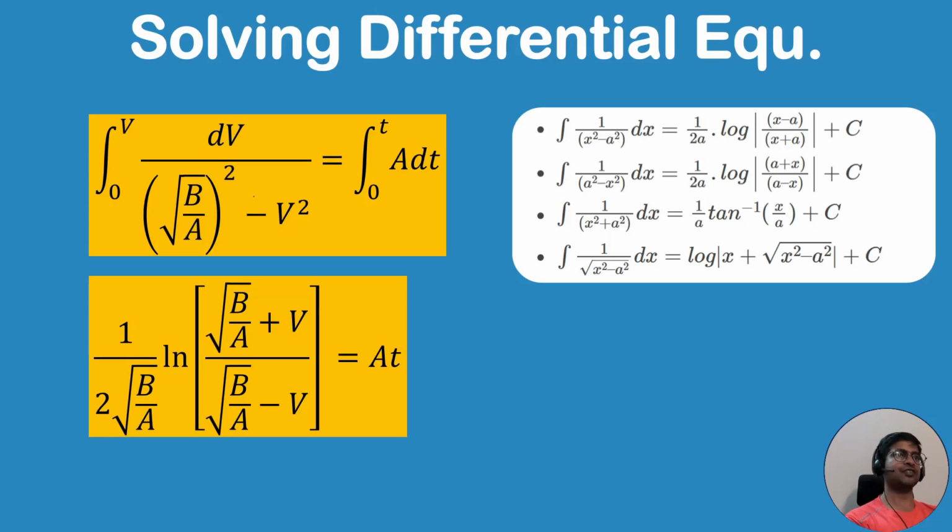If we solve this integral equation using this formula, we get this final expression: 1 by 2a, where a is here nothing but root over b by a, into natural log of root over b by a plus v divided by root over b by a minus v, is equal to the constant a times the time.